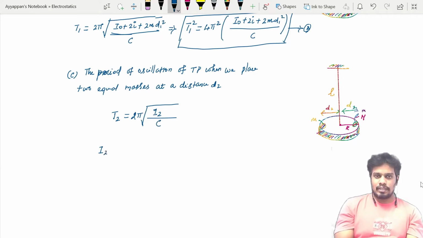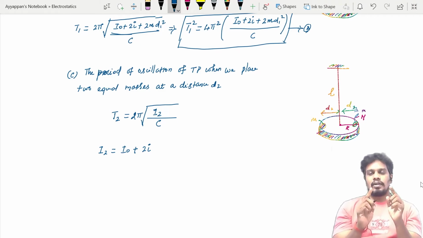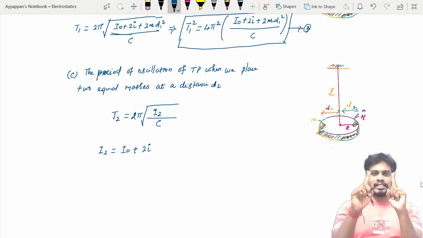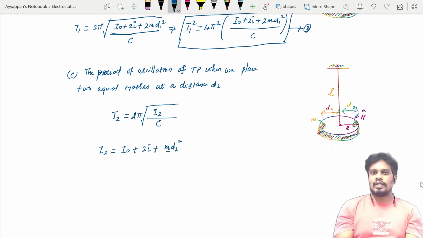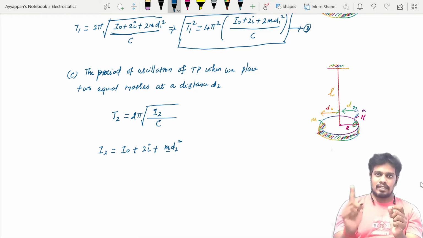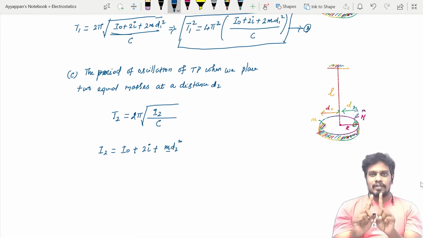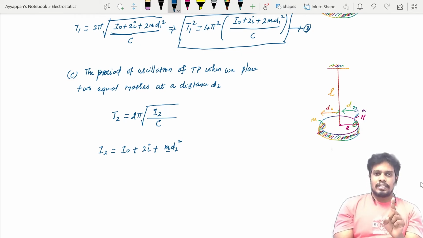I2 is equal to the moment of inertia of the disk plus 2 times the moment of inertia of the small masses about their own axis, plus, using the parallel axis theorem, m times d2 square, the mass of the object times d2 square from the principal axis. We are placing two masses, so you have to double this. This is the new moment of inertia. Now you have to substitute this value in T2.